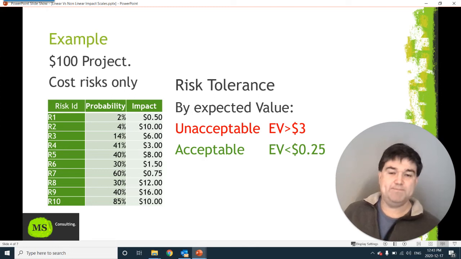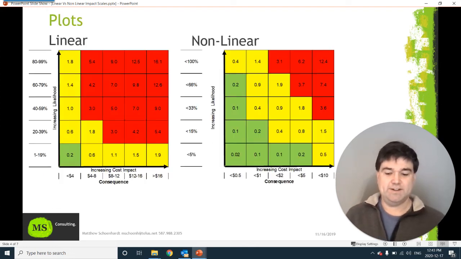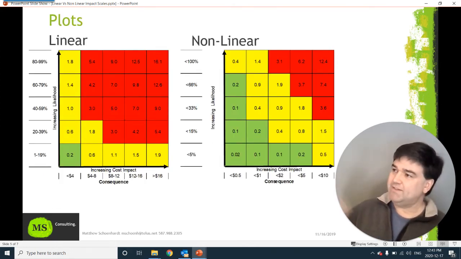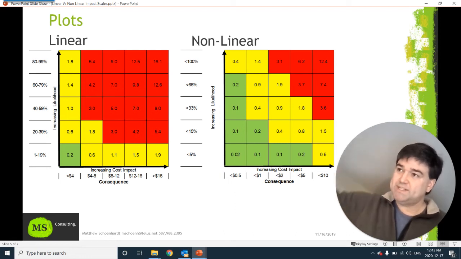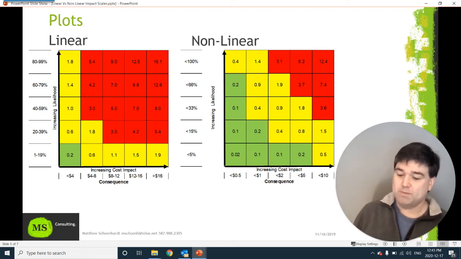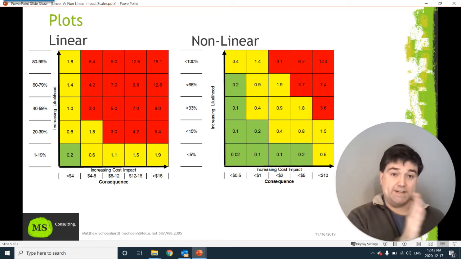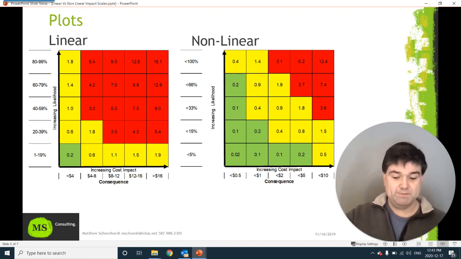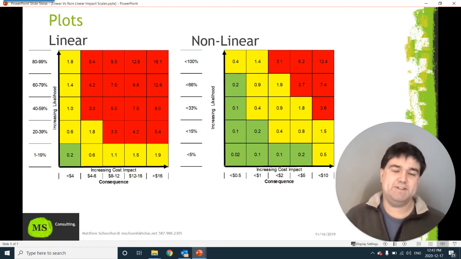So let's look at that with a linear and a non-linear scale. On the left, we have a linear scale with 20% increments for our probability scale and $4 buckets for our cost impacts. On the non-linear side, we go 5%, 15%, 33%, and you can see we're sort of doubling every time we go up the scale. And our costs also double on the horizontal scale.